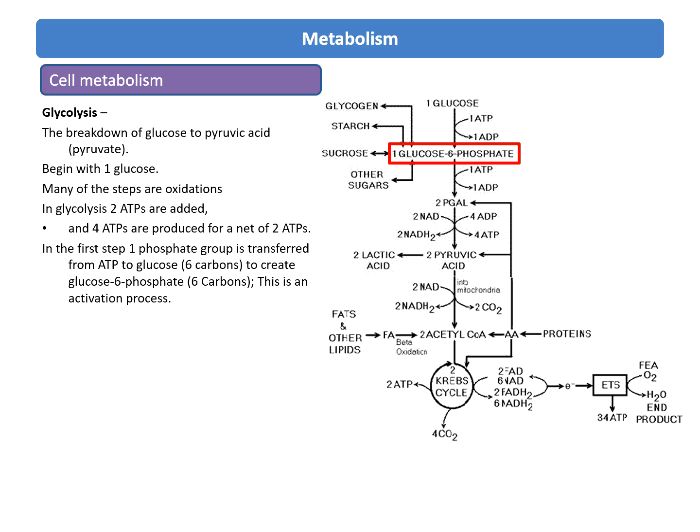In the first step, one phosphate group is transferred from ATP to glucose. It creates a molecule called glucose 6-phosphate. And what that literally means is the phosphate group has been attached to the carbon atom number 6. Now, this is not so much an oxidation reaction as it is an activation reaction.